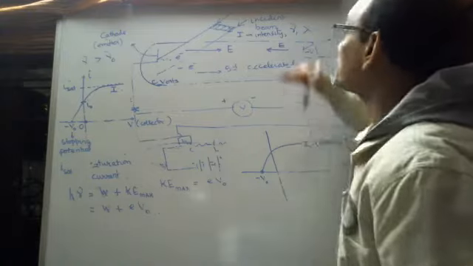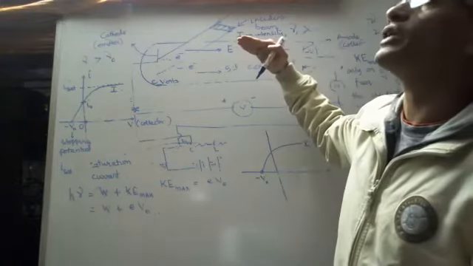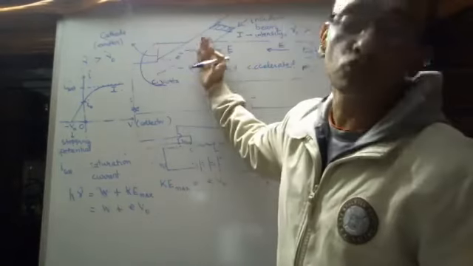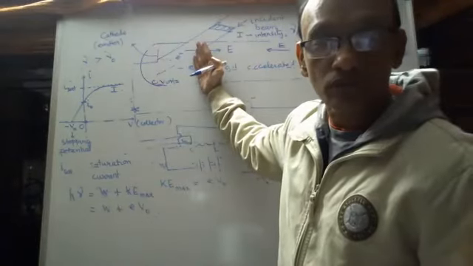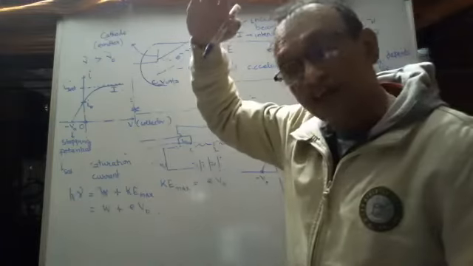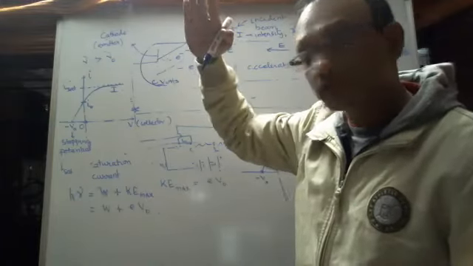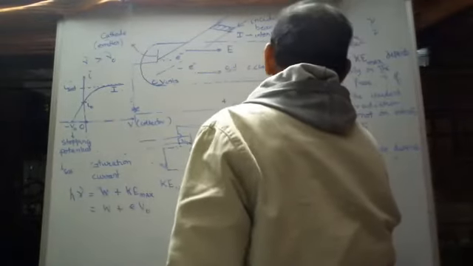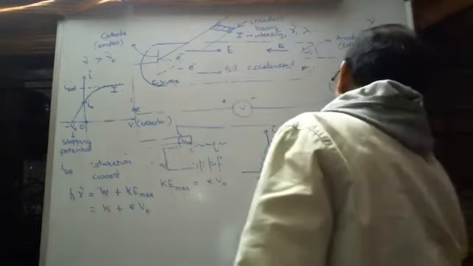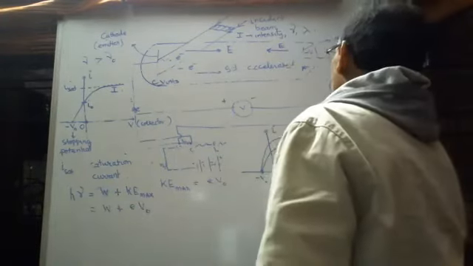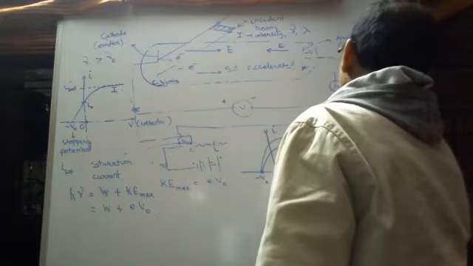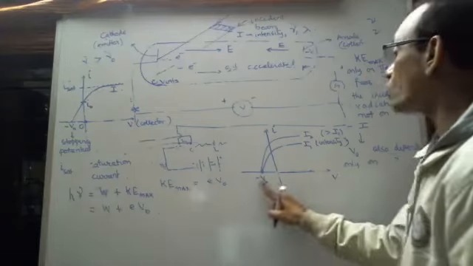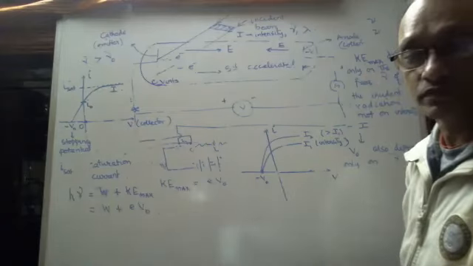But if I increase the intensity, then what happens? More number of incident photons and more number of photoelectrons. So saturation current will also increase, I2, which is more than I1. So if I increase the intensity, saturation current will increase, but stopping potential will remain the same. Yes or no?